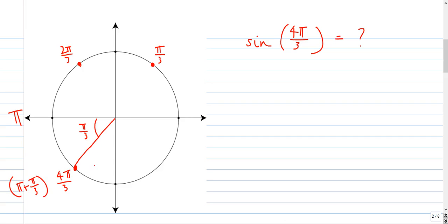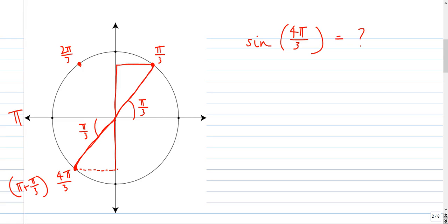And we're trying to find sine of this angle, and the sine of the angle is the y coordinate of this point here. What we find is if we go up like this, we see that the reference angle for 4 pi on 3 is actually pi on 3. What we've created here is two triangles which are exactly the same, here and here.